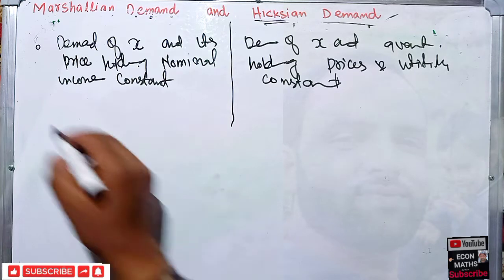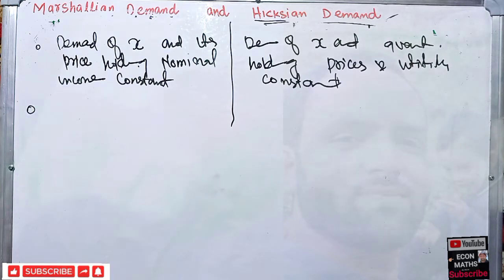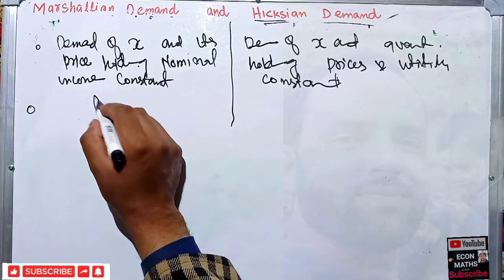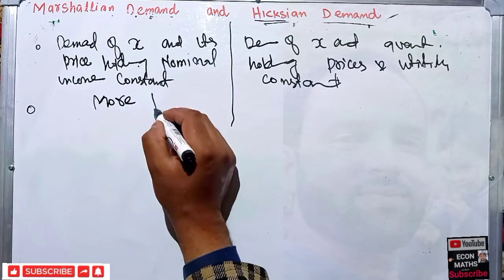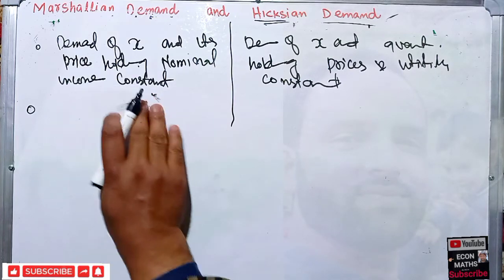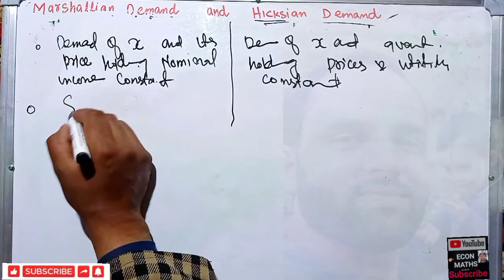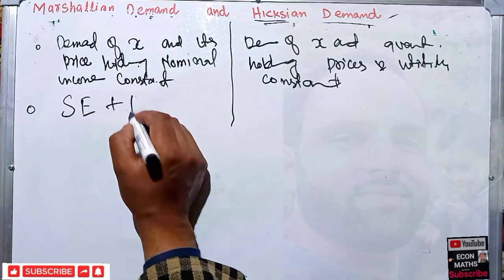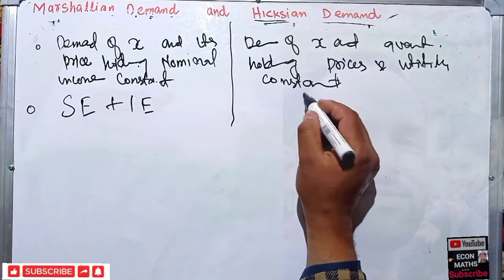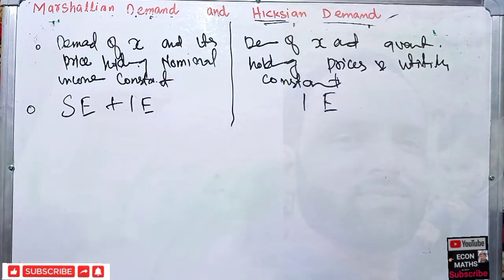Second difference is that the ordinary demand function is more price elastic. In case of Marshallian demand function, substitution effect and income effect take place, but here only income effect takes place.